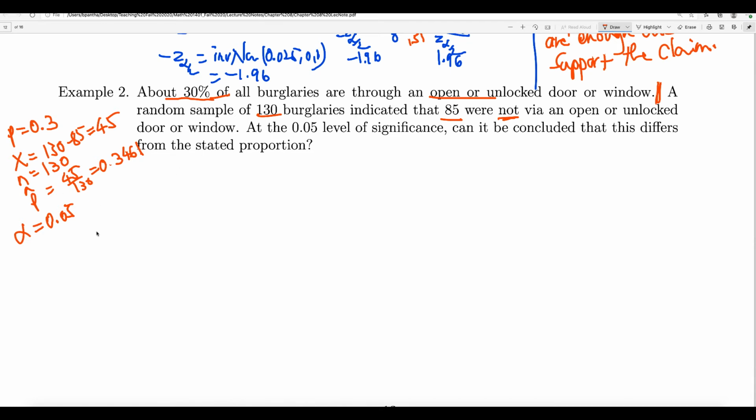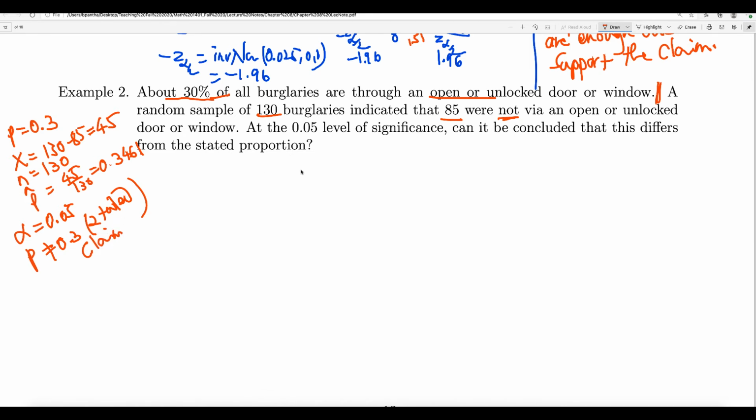So it is two-tailed, p not equal to 0.3. Which one is the claim? The first sentence doesn't say claim, so the claim will be the alternative hypothesis. We'll assume that.